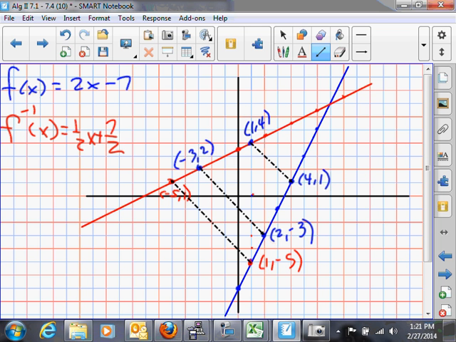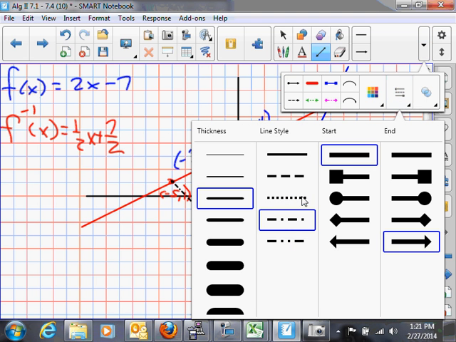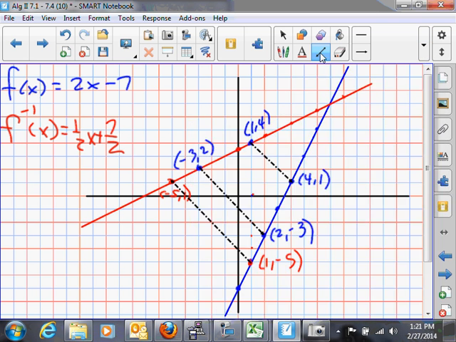Notice all of these points seem to have lines that connect them that are parallel to one another. Now, let me show you something else here. If we were to actually take the line y is equal to x, that would be a diagonal line going through the origin, going up to the right at 45 degrees. Notice that all of these lines between points are split in half, and the line y is equal to x is perpendicular to them as well.